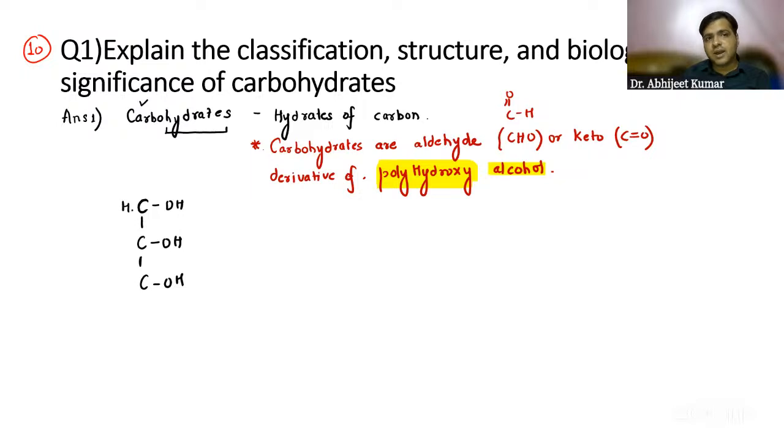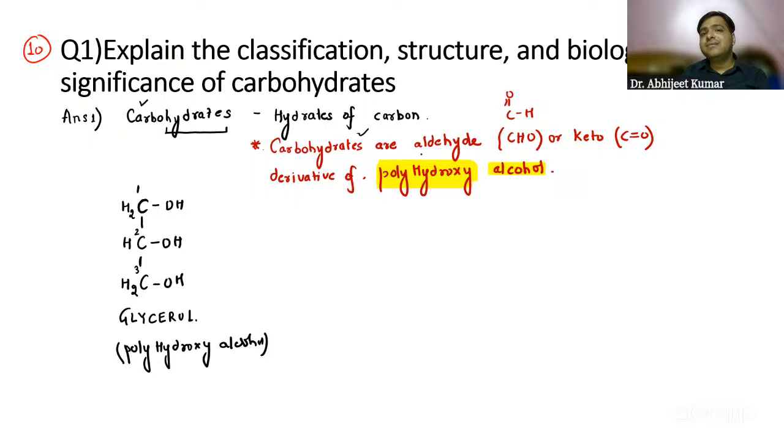So I will be adding 2 hydrogens over here, 1 hydrogen over here, and 2 hydrogens over here. So you just number 1, 2, and 3. You can see that this is basically the structure of glycerol, and it is nothing but polyhydroxy alcohol.